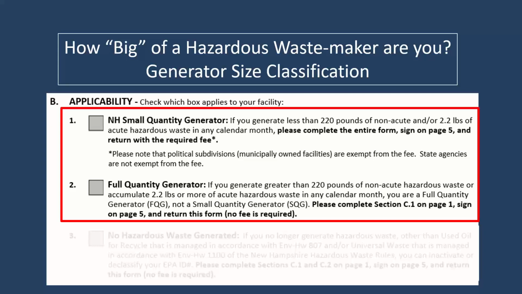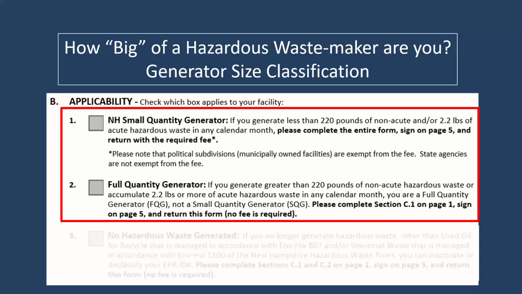If a business makes small amounts of hazardous waste, they have way less regulations, but need to complete this form as a way to learn what they're required to do with their wastes. These are known as small quantity generators, or SQGs. Section B of the form asks you to look at how much waste you make in a calendar month and figure out which of these generator sizes you fall into.